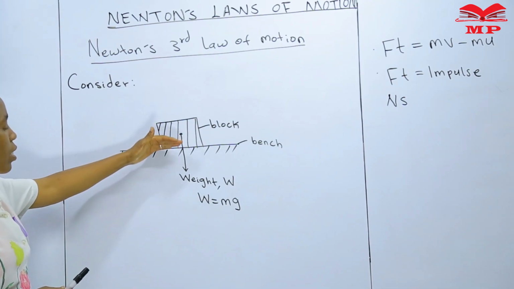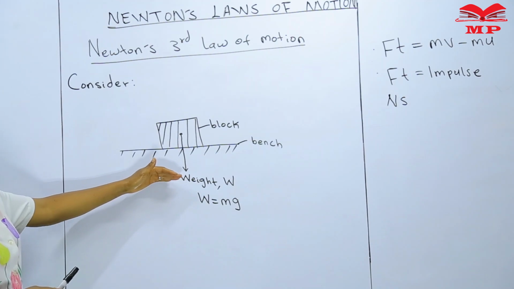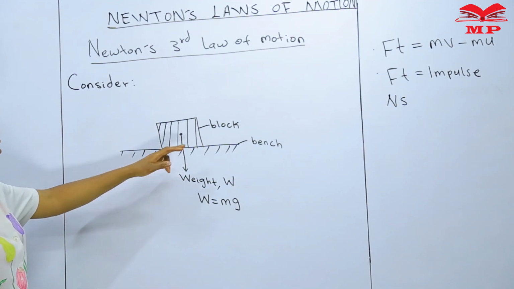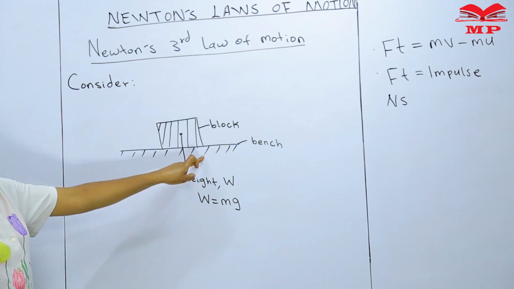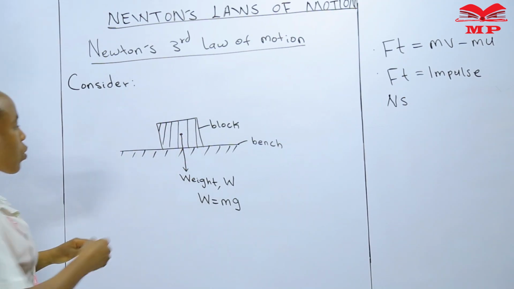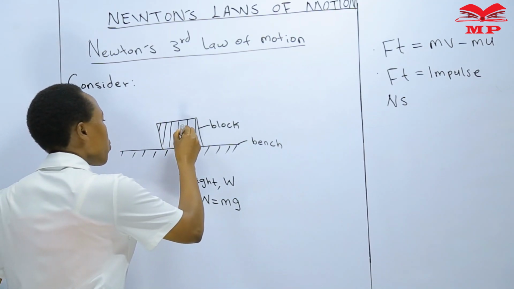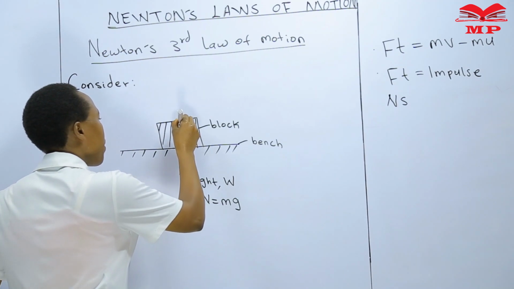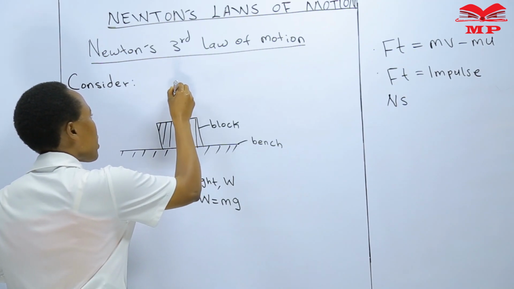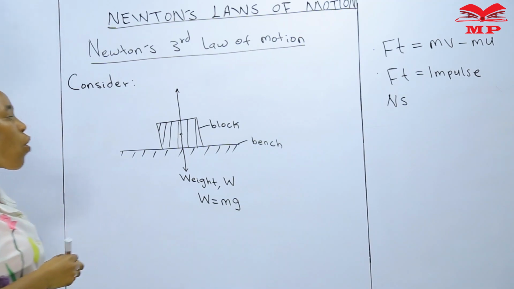So there will be a force exerted on the bench, and in return the bench will also exert another force on the block, opposite but equal.